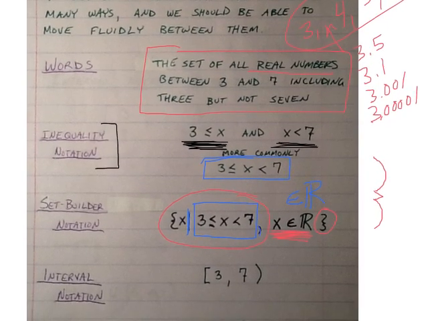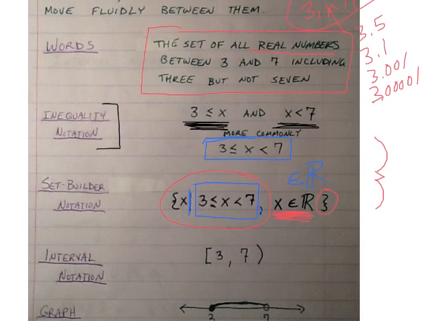We can also do interval notation, which is a really common form. What we'll do is we put our lower boundary on the left and our upper boundary on the right, and then we choose whether to use parentheses or brackets. We put brackets on it when we're including the value. So 3 is included, so we use the bracket, whereas 7 is not included, so we use the parentheses.